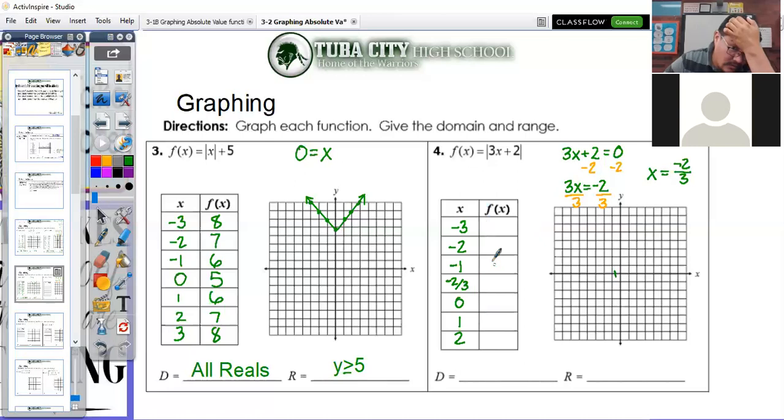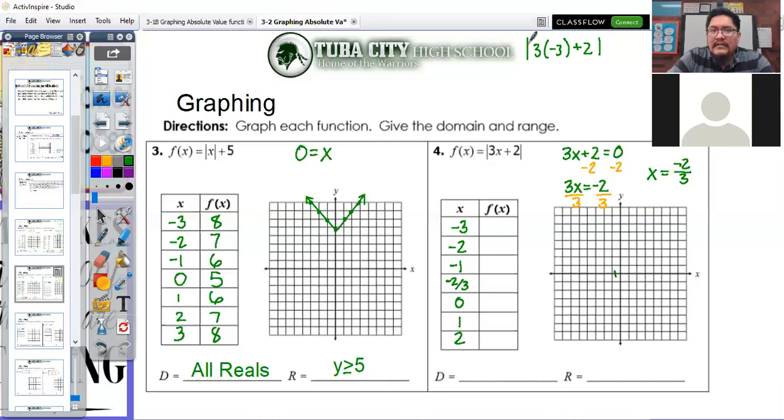Okay, so let's go ahead and start plugging in numbers. I'll start with negative 3. So 3 times negative 3 plus 2, and then absolute value.